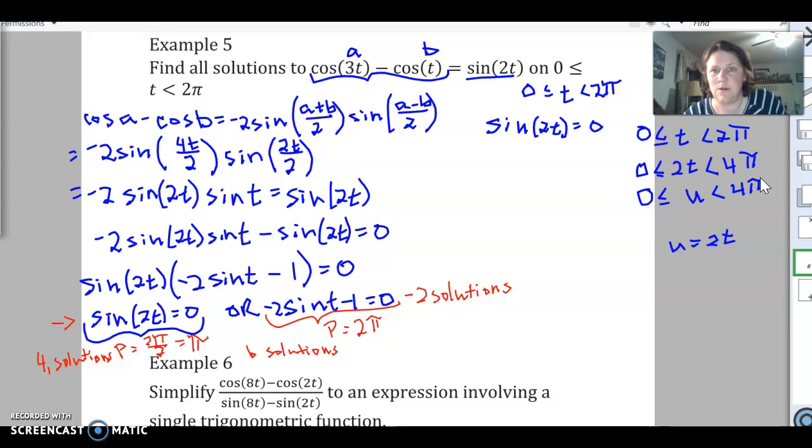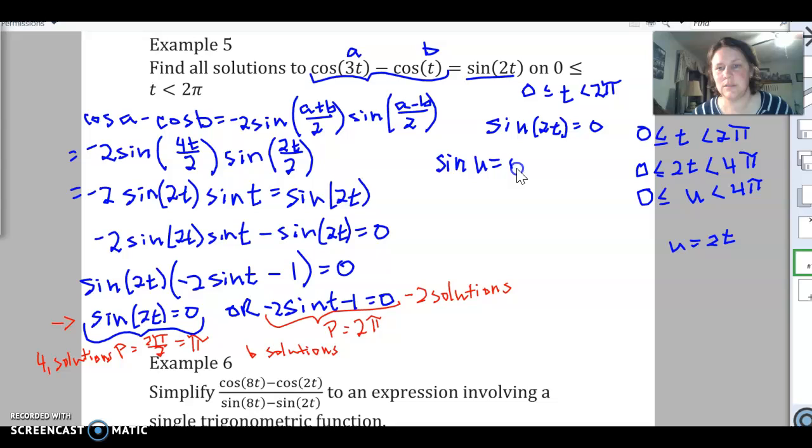Just like before, when we said if you have to find 4 solutions, find all those solutions in u first and then find t. It's kind of the same thing. So it's very helpful if you can change your domain in terms of u. Then we know how many solutions to find when we're in u, and we can translate that back over to t after we're done.